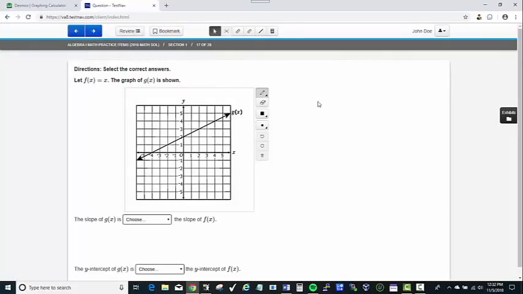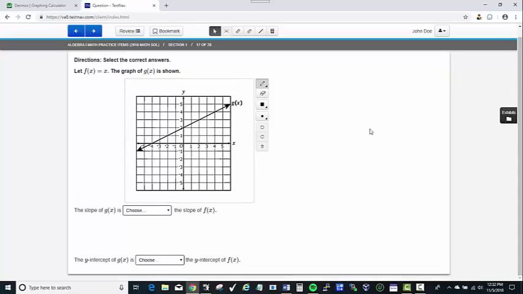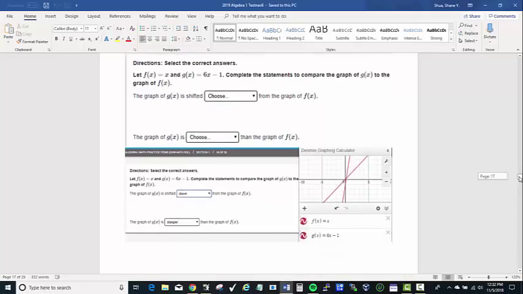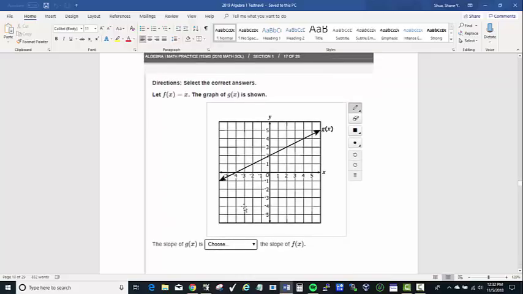Let f of x equals x. The graph of g of x is shown. Is this a different question? Yeah, it is a different question. So the graph of g of x is shown, and f of x equals x is basically going to be just like that last graph. It's going to go straight through here.